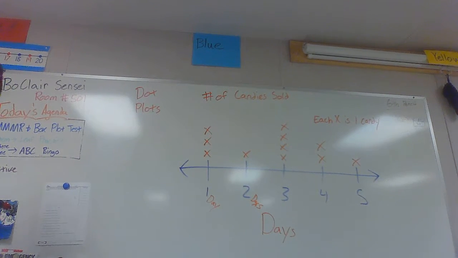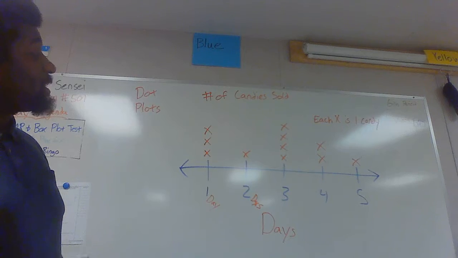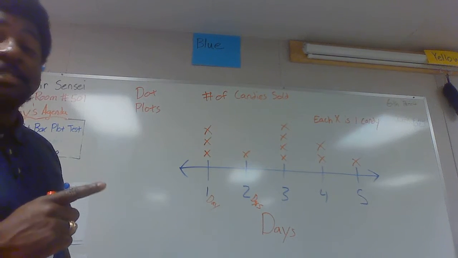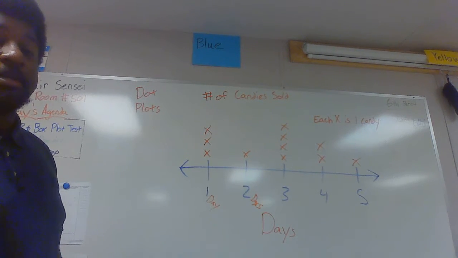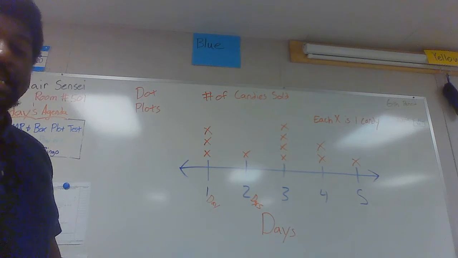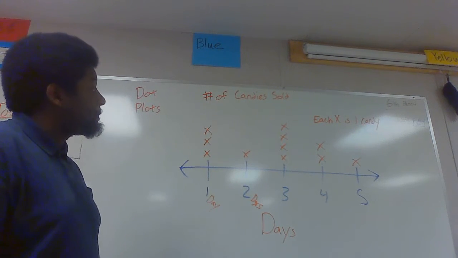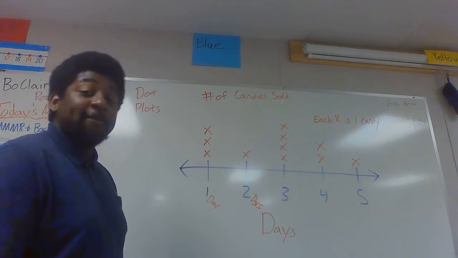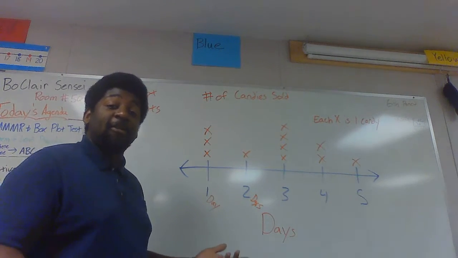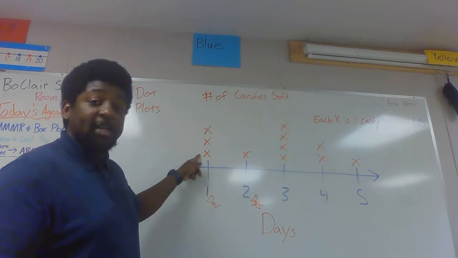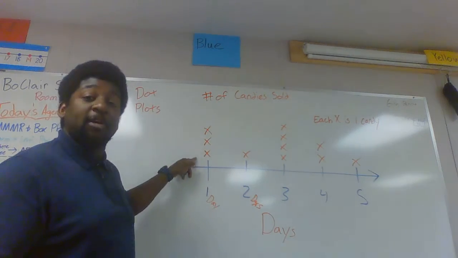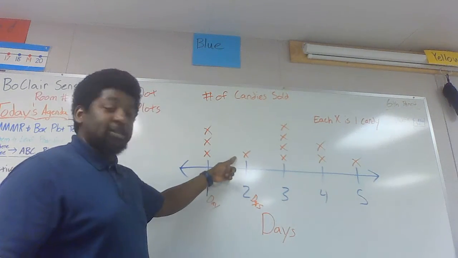Some questions require a little bit of thinking. So if I said, which days did I sell at least 1 piece of candy? For that, your answer should be all 5 days. I sold 1, 2, 3. That was more than one, so I did sell at least one. Here I sold only one.